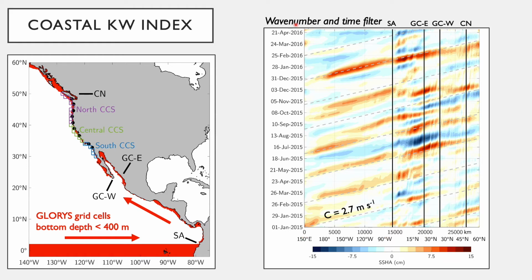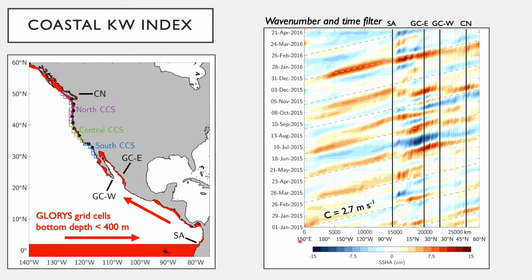I'm just showing you an example of one particularly active Kelvin wave period during the development of the 2015-2016 El Niño. I'm showing you the sea surface height anomalies associated with many downwelling Kelvin waves that are making their way from the western equatorial Pacific all the way to the eastern equatorial Pacific, where they run into South America, continue up the coastline, enter the Gulf of California on the east side, exit on the west side, enter the California current system, and then ultimately cross the Canadian-US border here.